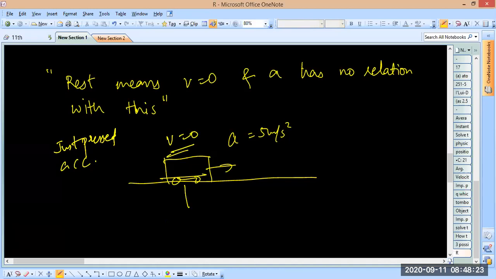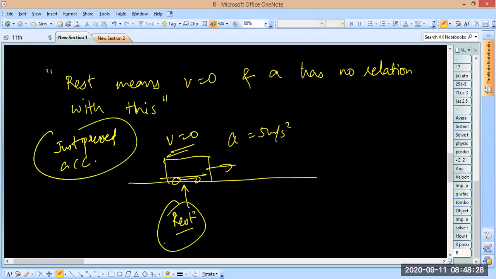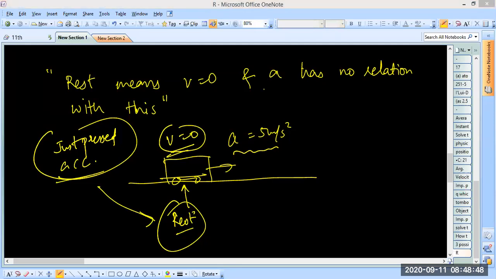So even at that time you can say that when the driver just presses the accelerator, the vehicle is at rest. But very soon, because of the acceleration, the velocity will change. It will not remain zero. After even an infinitesimal time, the velocity will increase and it might become 0.001.